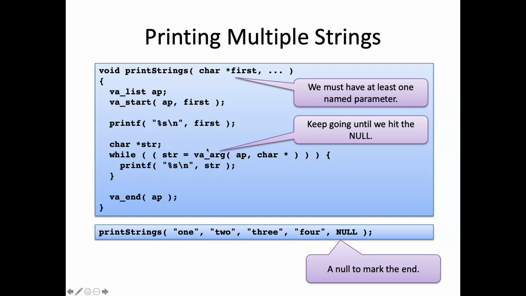And then for the rest of them, I just keep calling va_arg to extract the next char pointer. And then I print it out until I get a char pointer that's null. And then I know that, well, at least if the caller is playing nice, I know that I've hit the end of the list of the strings they wanted to give me. So I can quit processing arguments. I call va_end and then I return. Questions?